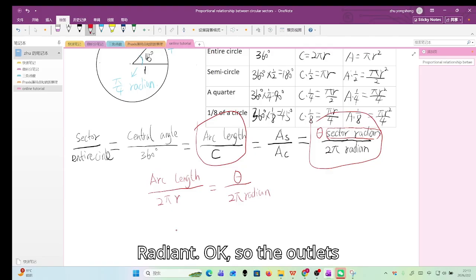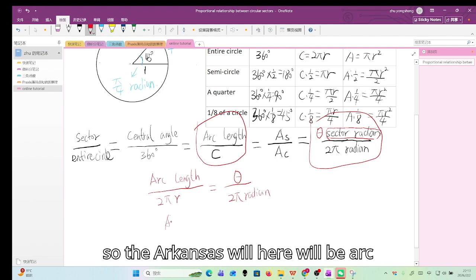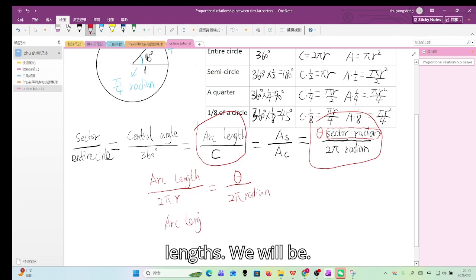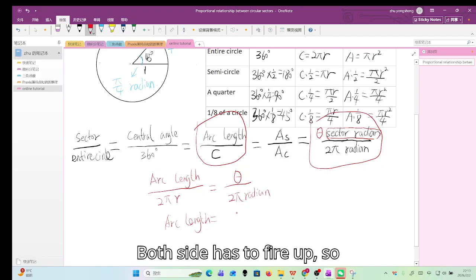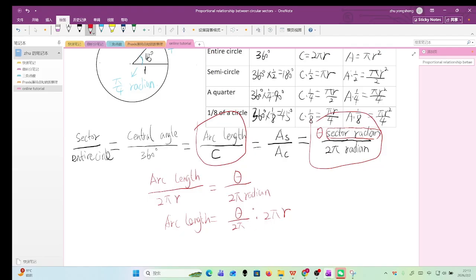Okay, so for the arc length, both sides times 2 pi r. So the arc length will be theta over 2 pi radians times 2 pi r. Okay, we can simplify here.